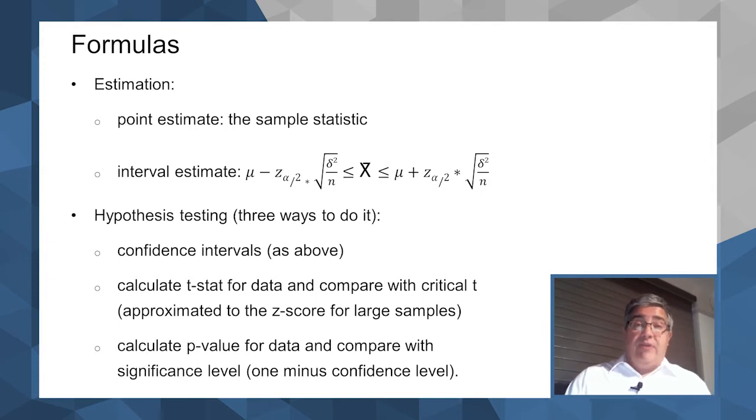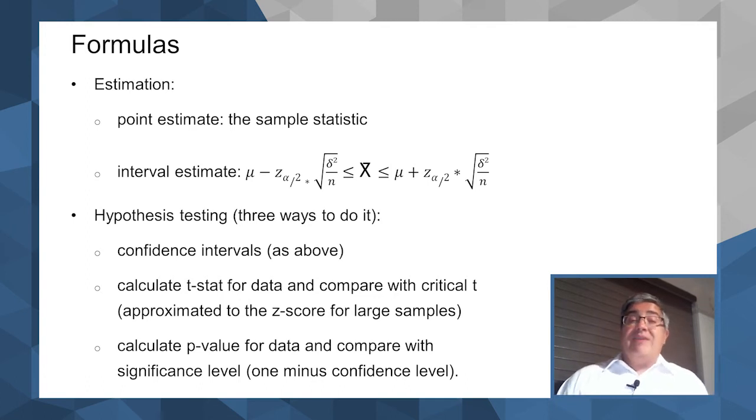And the margin of error, depending on the level of confidence that we want, will be either narrower or wider. And what that margin of error entails is it has the Z score. If you recall from the previous topic, the Z score is the value that is taken from the normal distribution table.